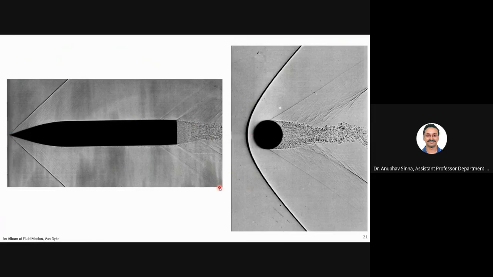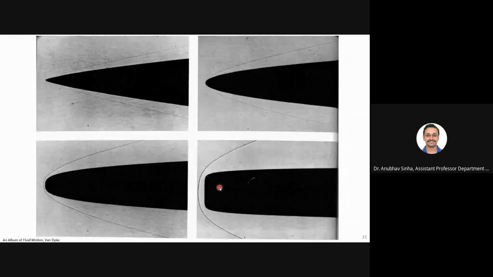Now is it only because of the shape, or is there anything else? Let us take a closer look. What they have done is made this nose more rounded. You see this is perfectly attached, it is suddenly changing shape, and finally we have a detached wave. I think it is all for the same Mach number, if I'm correct.